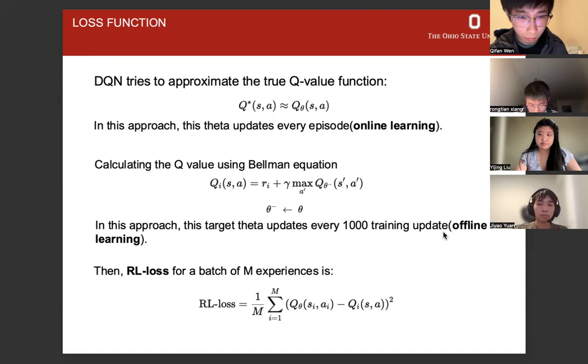The loss function is defined as the estimated Q value minus the Q value from the Bellman equation, squared and summed.